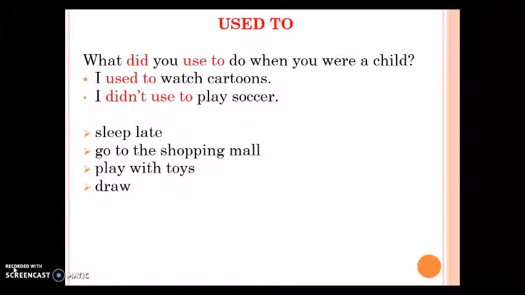Recuerden que usamos únicamente esta estructura en pasado simple para expresar hábitos, acciones que ya no se hacen más, pero que solíamos hacer. Okay, para esta actividad entonces, traten de hacer oraciones cortas con estos verbos, diciendo qué solía hacer y qué no solía hacer, dependiendo de lo que aplique a ustedes.